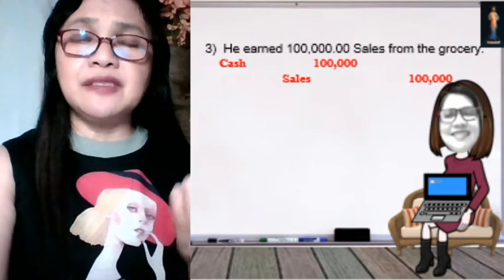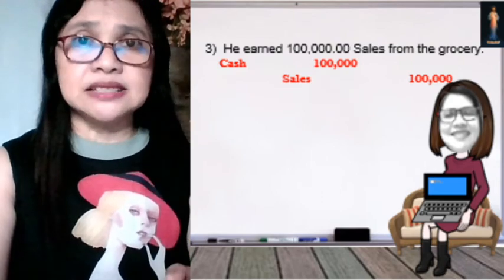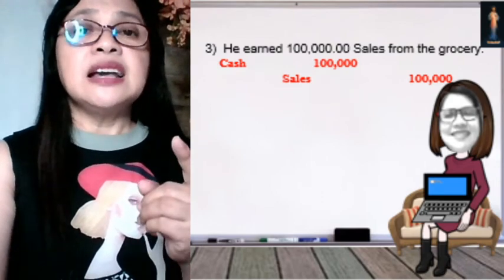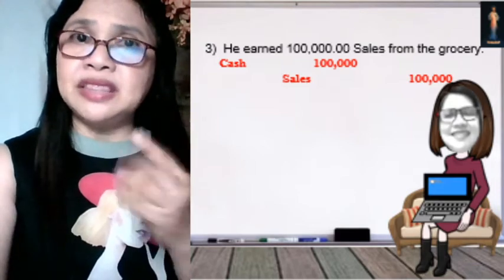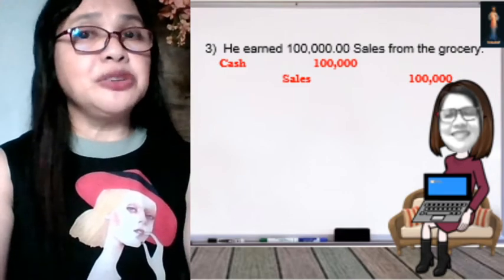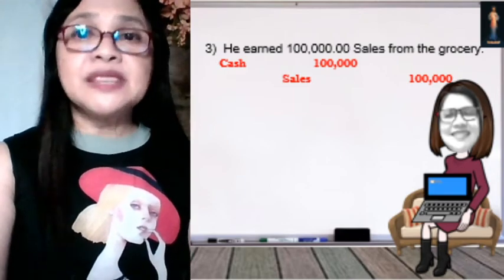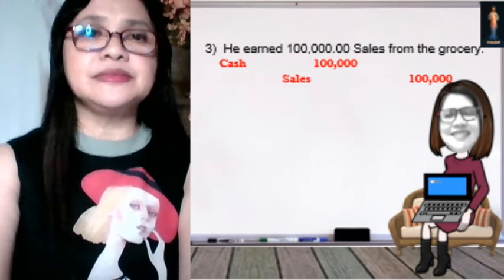And when you receive cash from the sales, you recognize your sales, which is a credit normal balance. So we debit cash because you receive cash, and you credit sales when you recognize the sales of the grocery by 100,000.